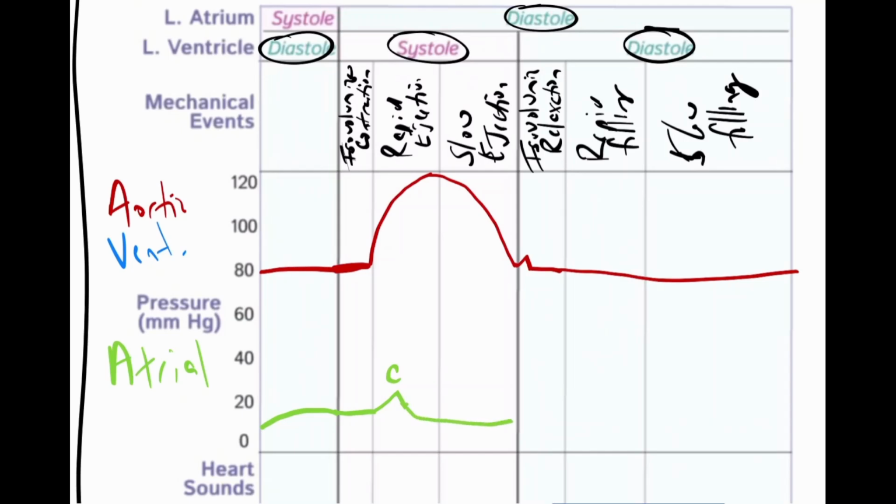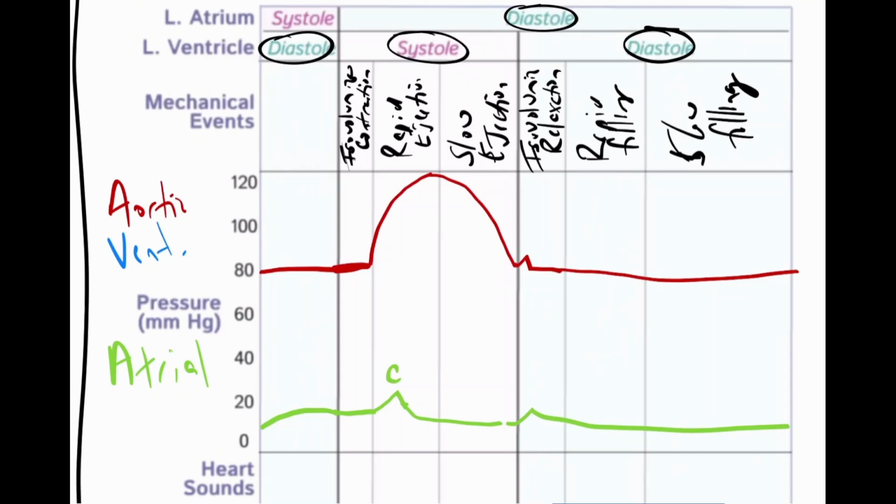And then finally, during isovolumic relaxation, we get a little bit of an increase, and then back down. And now it just waits for the next event to happen.